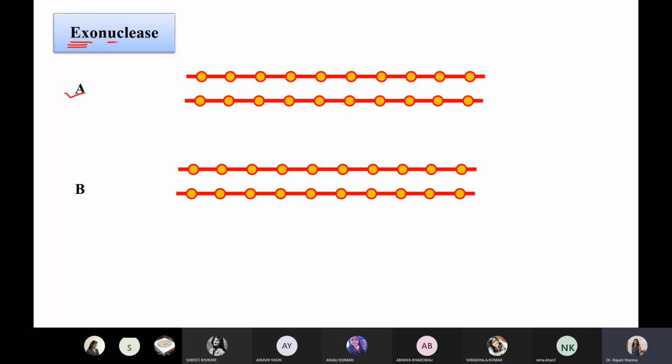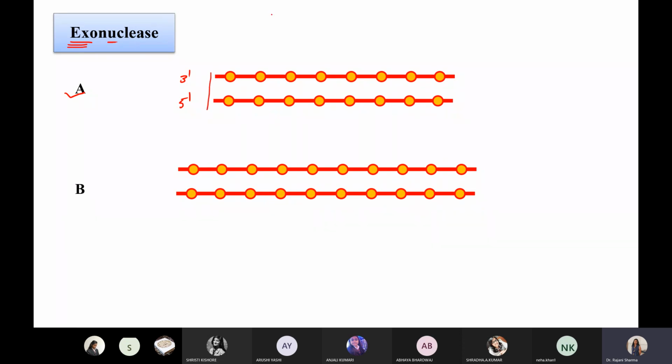In example A, the phosphodiester bond will be broken down from the terminal, from both 3 prime and 5 prime, since the other strand is anti-parallel. So it can cut the DNA from both sides, 3 prime as well as 5 prime. That's why it creates a blunt end. Here it is completely blunt and no sharp edge is there.